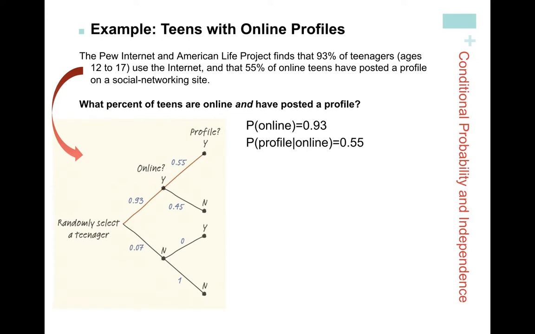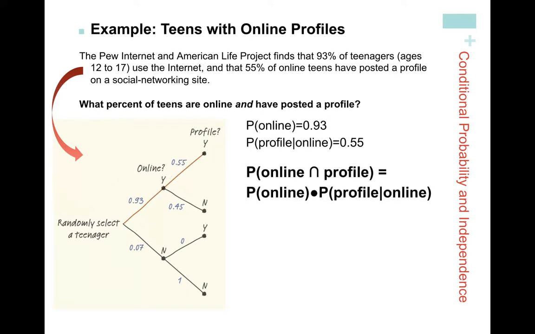Well, where is that on this tree diagram? Well, that is right here at the end of this last node. Right here would be the probability of yes online and, or intersect, yes profile. And how you calculate this probability is you simply multiply these two probabilities from these two branches.